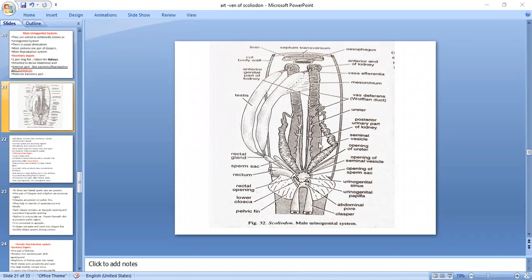There is a separate segment that can absorb the urea, because Scoliodon stores urea in its body tissues for osmoregulation. Anyway, the collecting ducts of all the nephrons are united to form a longitudinal ureter. This one.